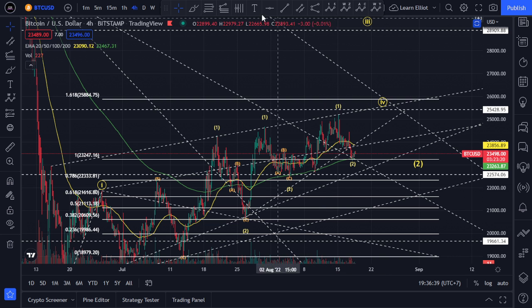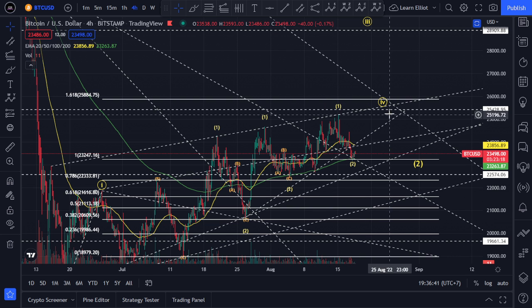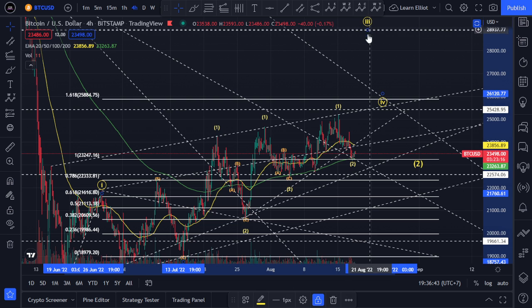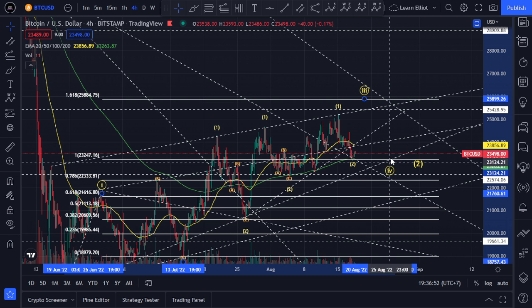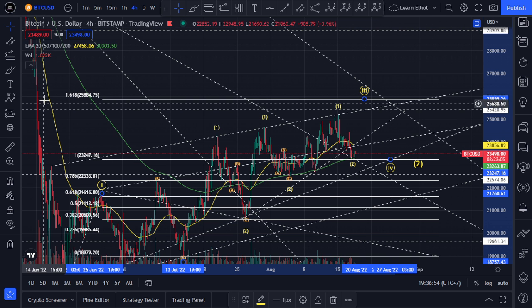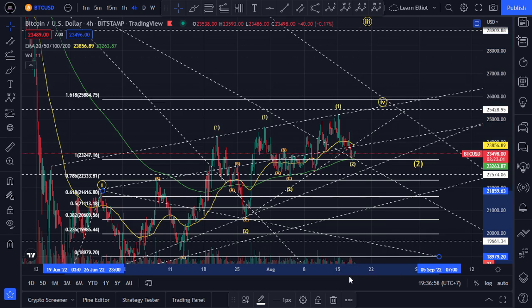This is the ideal target for this third impulsive wave. We can also move this down here, making the fourth wave somewhere around here, which is not overlapping the first wave. But that's not the case here.